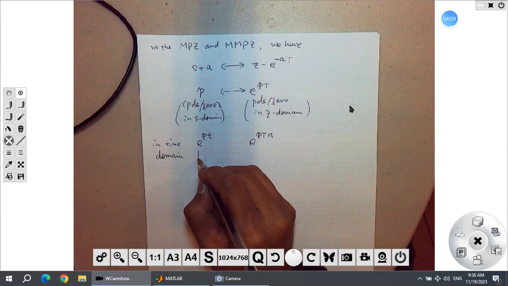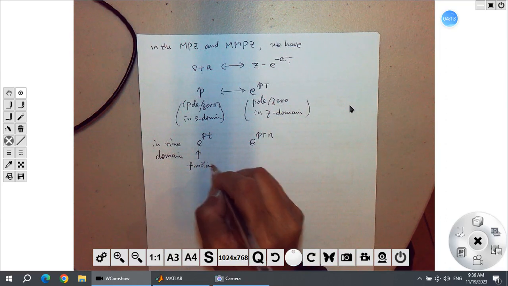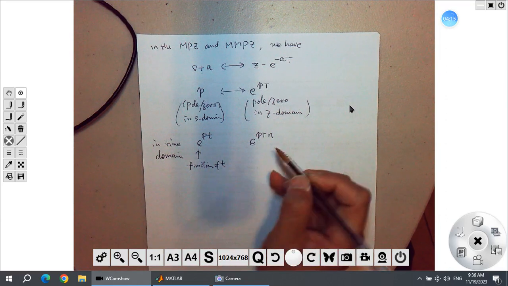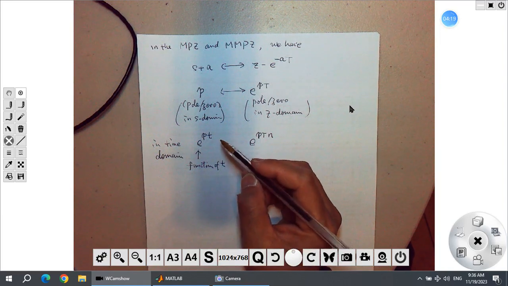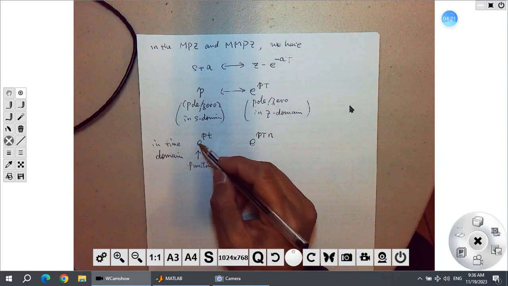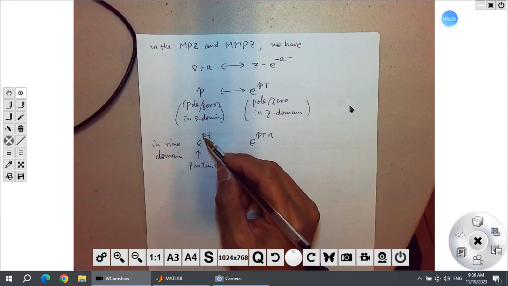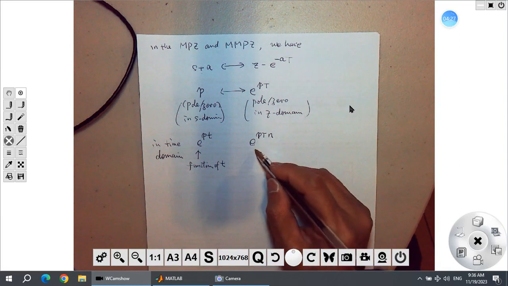This one is a function of T. When P is given, this function is totally determined: you know T, then you know the value of the function. It only depends on T. But this one is different.